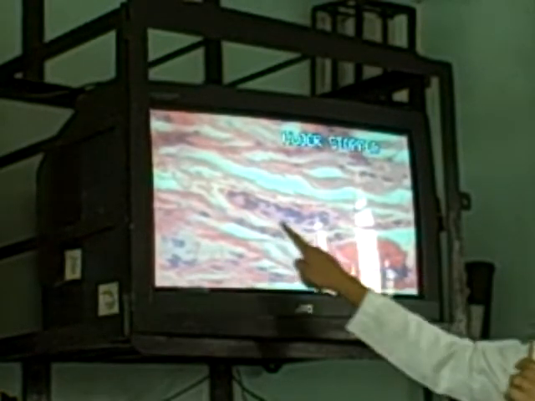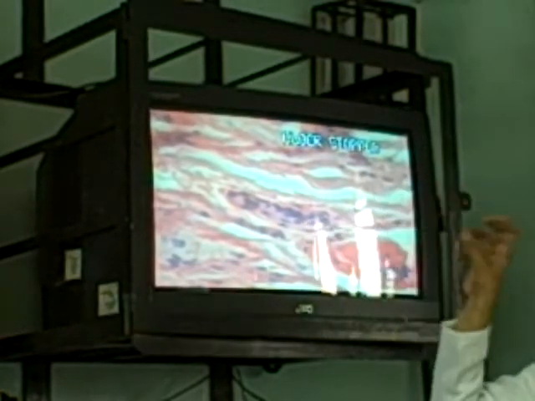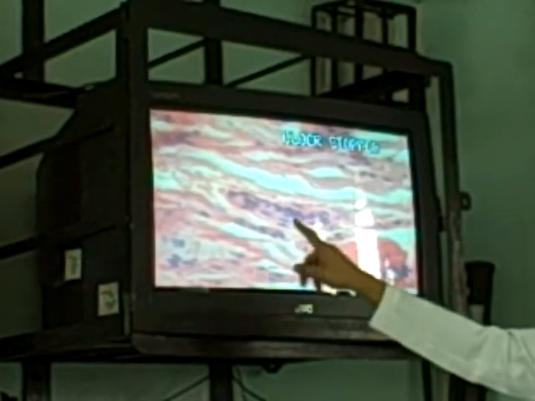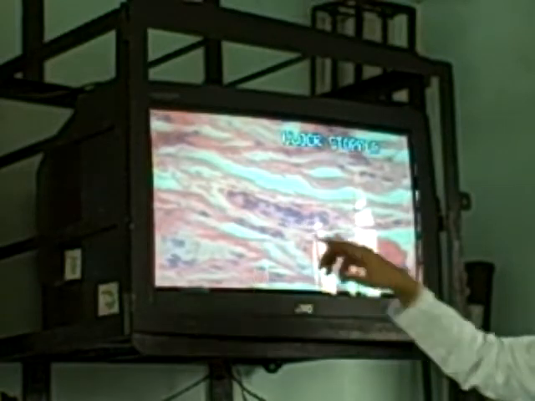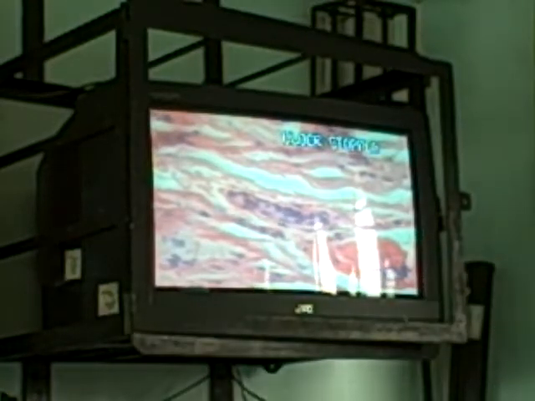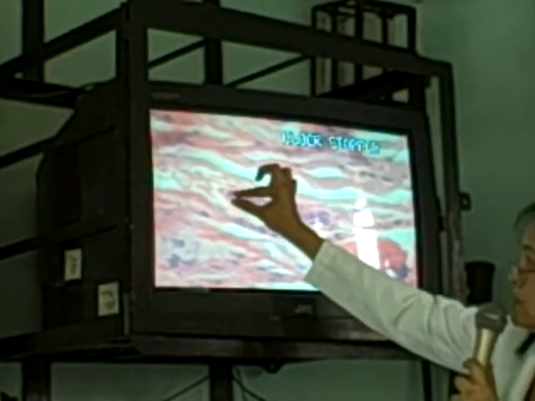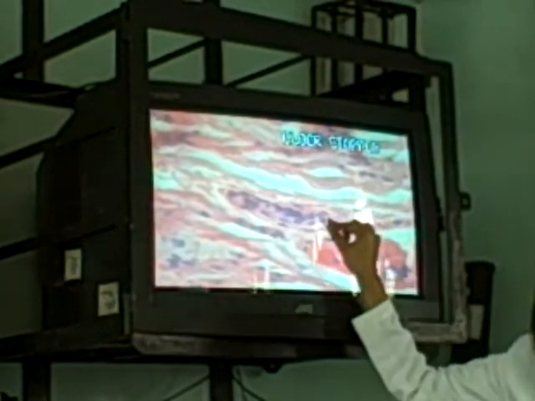Again, going back, this is a Meissner's plexus. It's just a solid structure made up of ganglion cells, but not really that clear neuronal cells or ganglion cells, but they are in cluster. This one. Meissner's plexus, found in the submucosa.